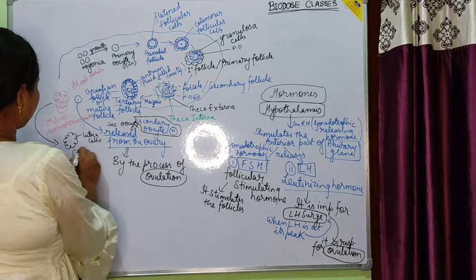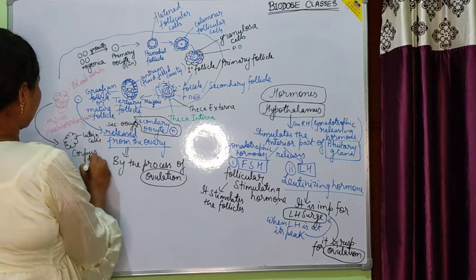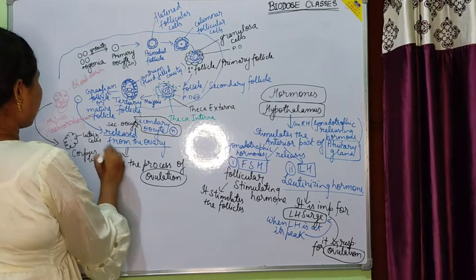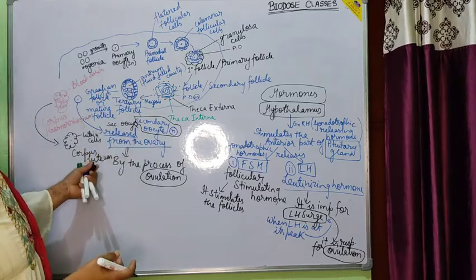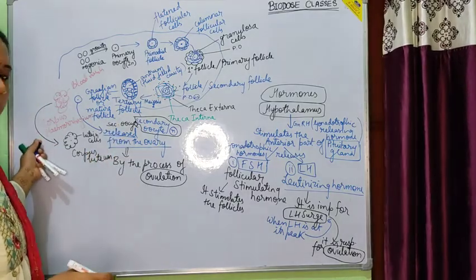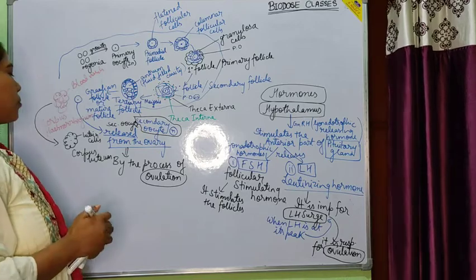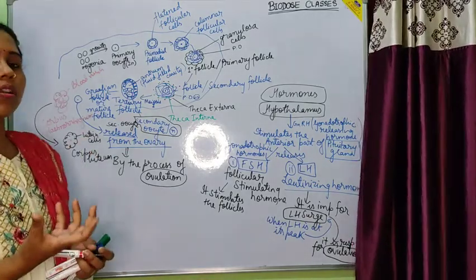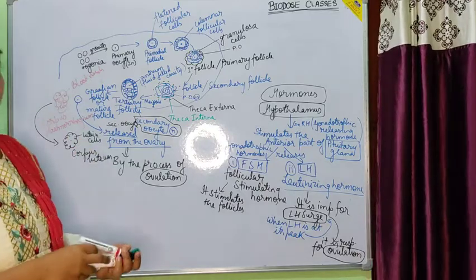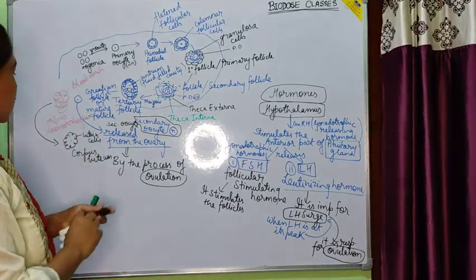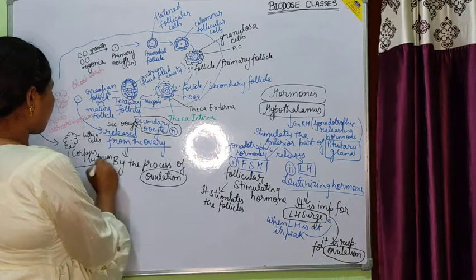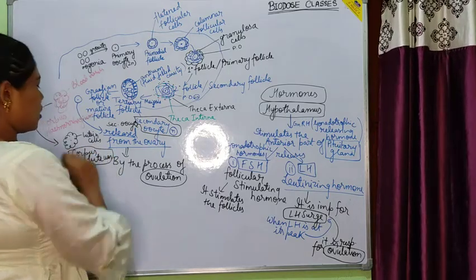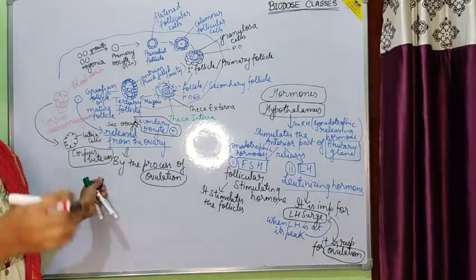This structure is known as corpus luteum. So what we have seen, after ovulation, corpus hemorrhagium is formed, and ultimately due to lutein cells, which are glandular in nature, that means they would secrete something, they would form a structure that is called corpus luteum.